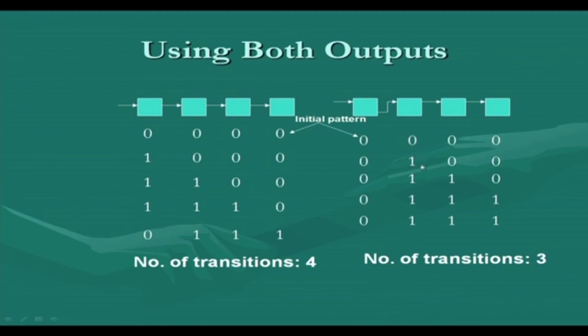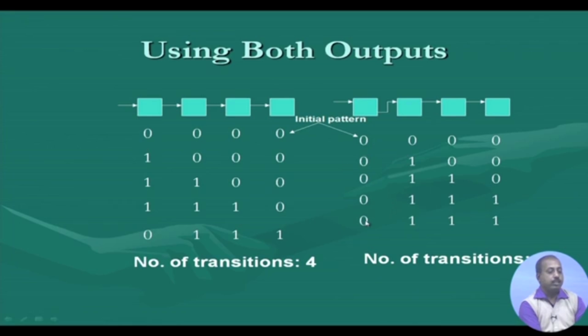As a result, this becomes 1. This way the pattern that we need to shift will be different, and the input that we have to apply here will be different. For example, in this case we always have to keep it at 0, so that finally we get 0 1 1 1 as the content of the scan chain. But the number of transitions gets reduced.